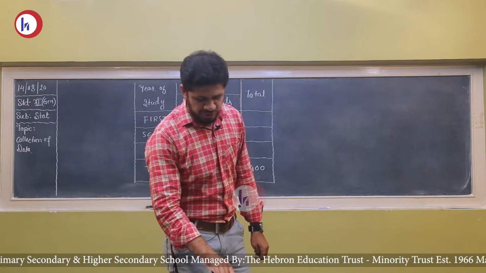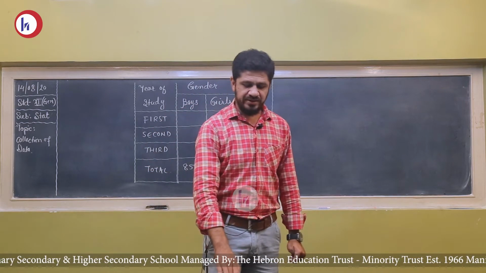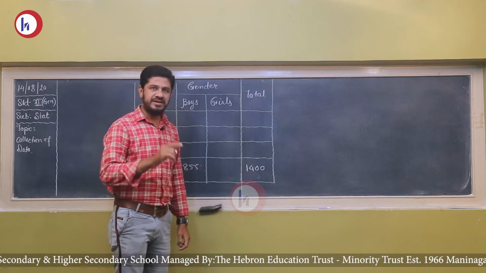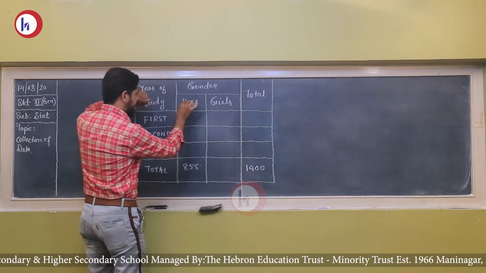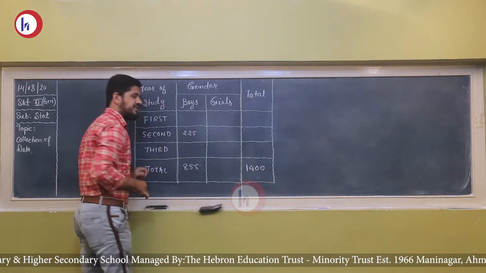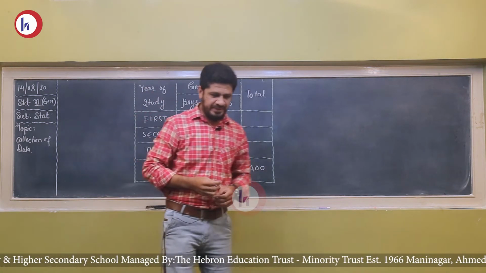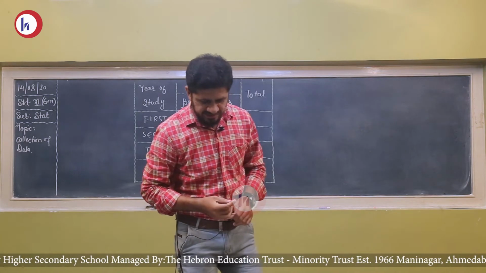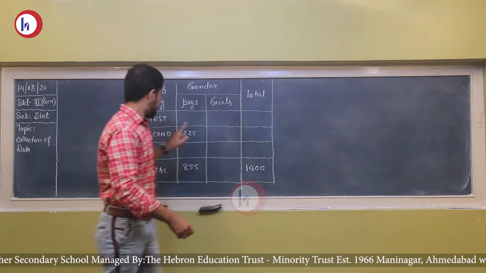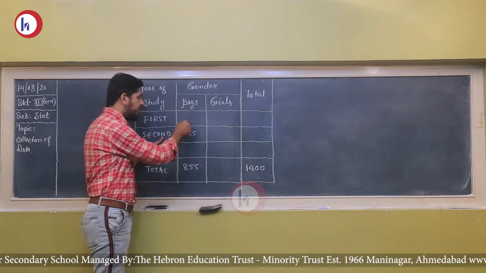And of them 225 boys were in the second year. 225 boys in the second year we will represent in this block. Next one, in the second year the number of boys and the number of girls are equal.